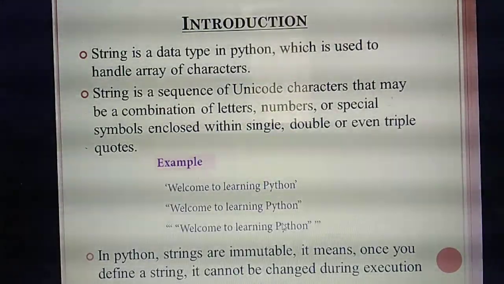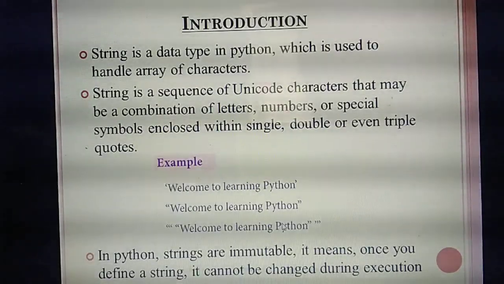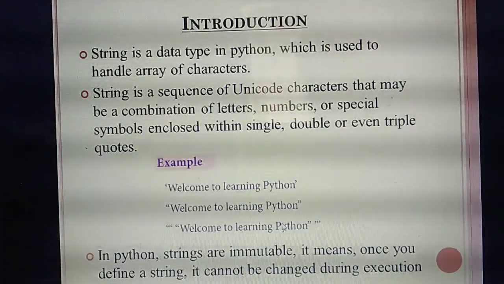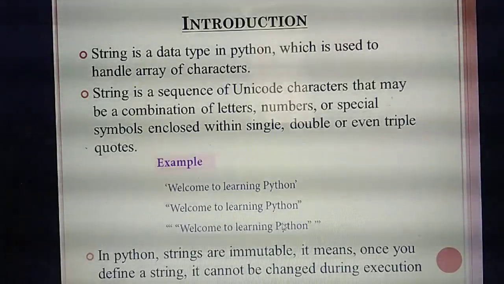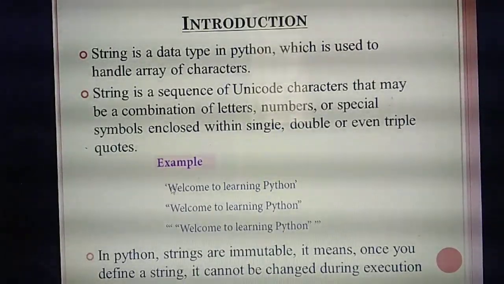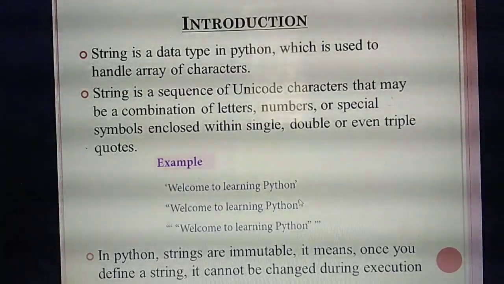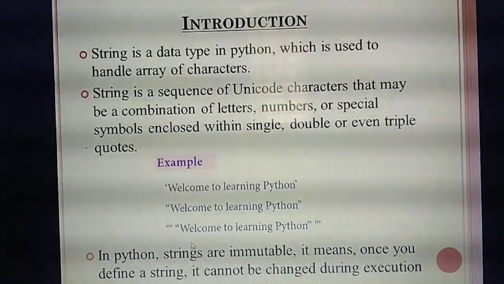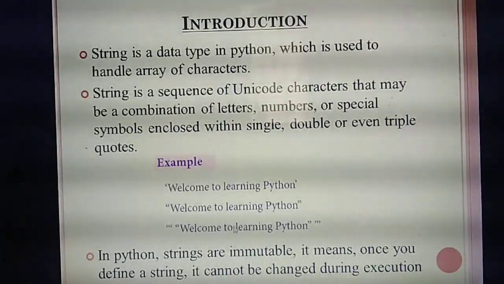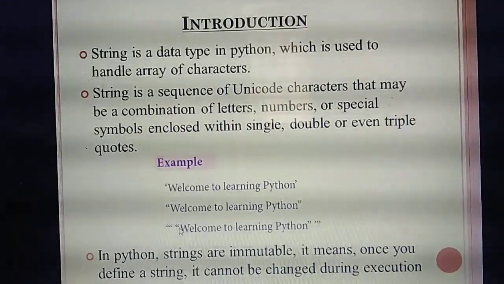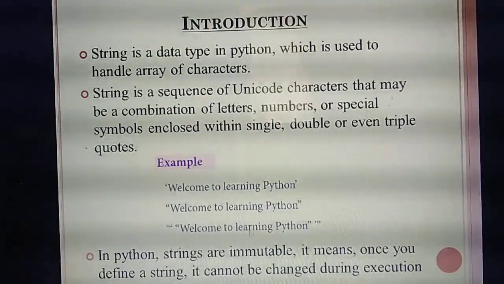But you should mention each thing inside quotes, either in single quote or in double quote or in triple quote. That's the example they have given. First they have mentioned the sentence in single quote. Second they have mentioned in double quote. Third sentence they have mentioned in triple quote.